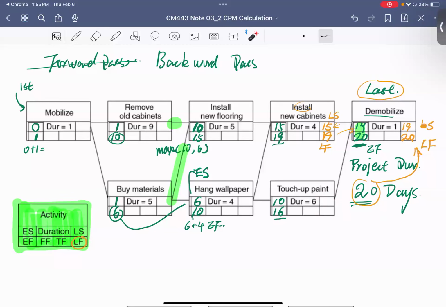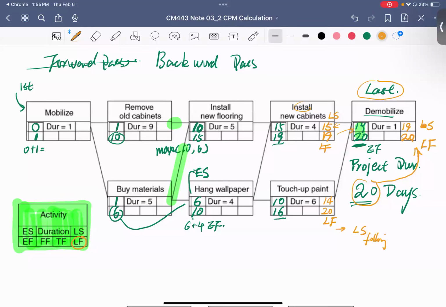Isn't it 20 for the bottom one? Remember, this is the late finish time, and you are looking at the following activities' late start time. Yeah, so here is 20, and then 20 minus 6 is 14.